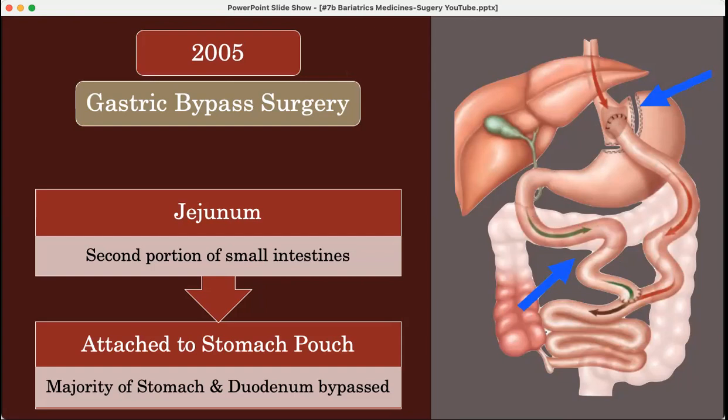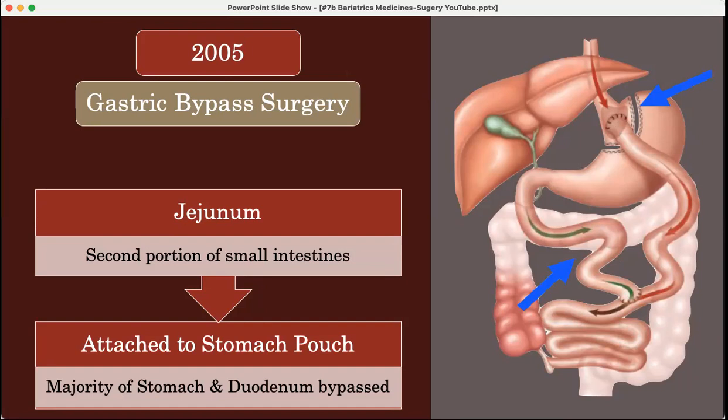And the segment of the small bowel that is attached to this small stomach pouch that's created is the jejunum. So in this, the food that you intake is bypassing the duodenum and going directly into the jejunum.